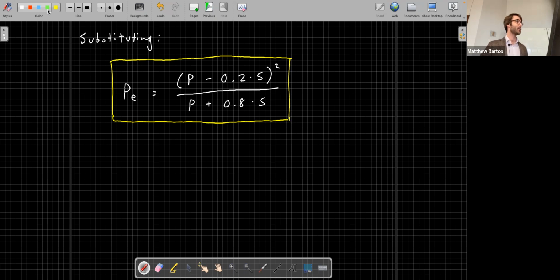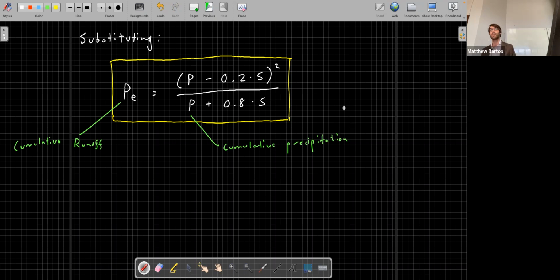Okay, and just to be clear, this is basically the total runoff. This is the cumulative runoff. This here is the cumulative precipitation, so it's the total depth of precipitation.